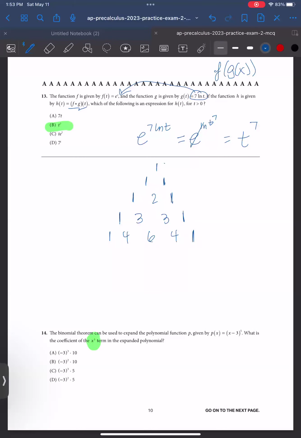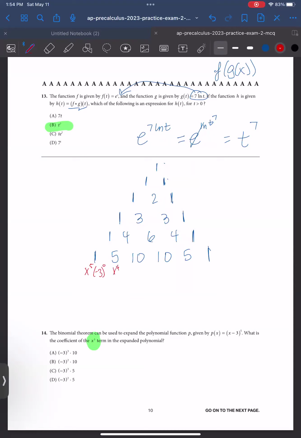So I have 0, 1, 2, 3, 4, one more. All right, so here's the row that I'm looking at. Remember that when this is happening, this is x to the 5th, and then it would be negative 3 to the 0.